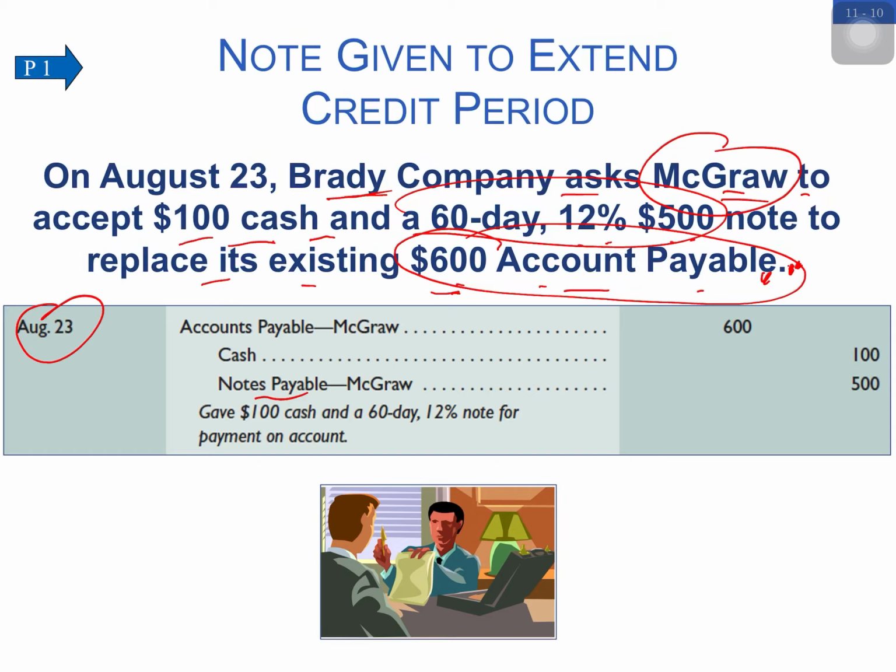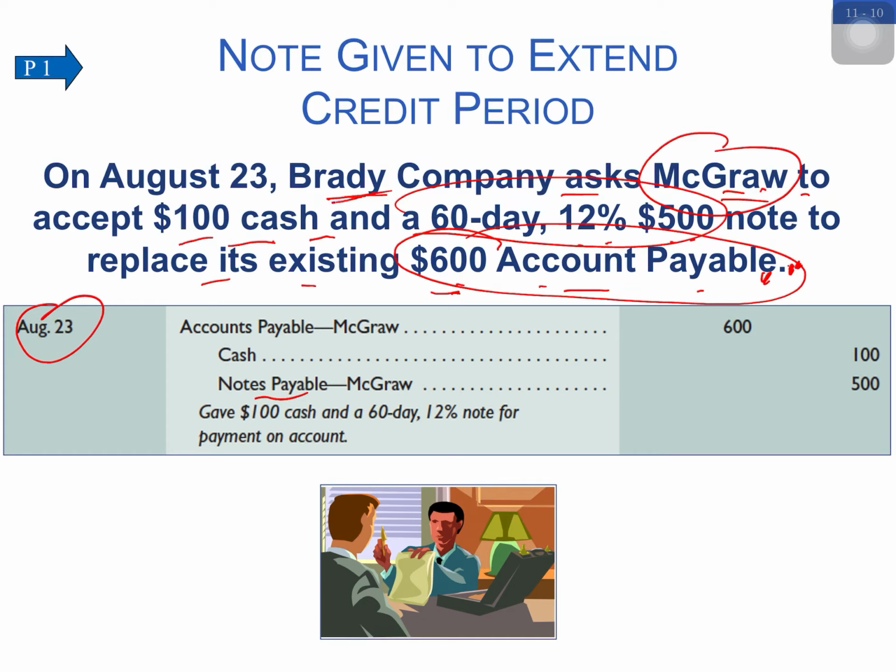If McGraw just said, okay, I will extend the deadline, or I just receive $100 and the other $500 you can pay later, McGraw would get no benefit or revenue from extending the deadline. So that's why Brady offers McGraw to extend the deadline by converting accounts payable to notes payable.